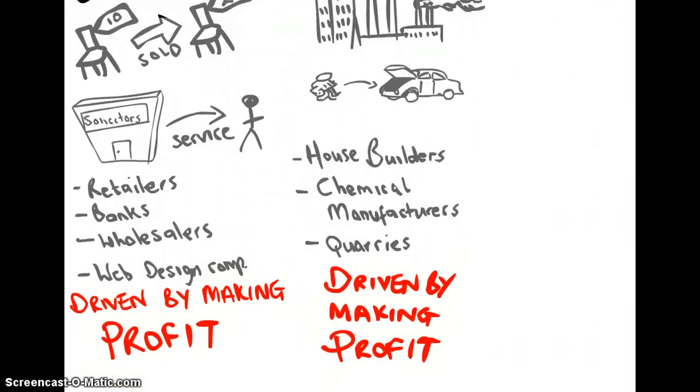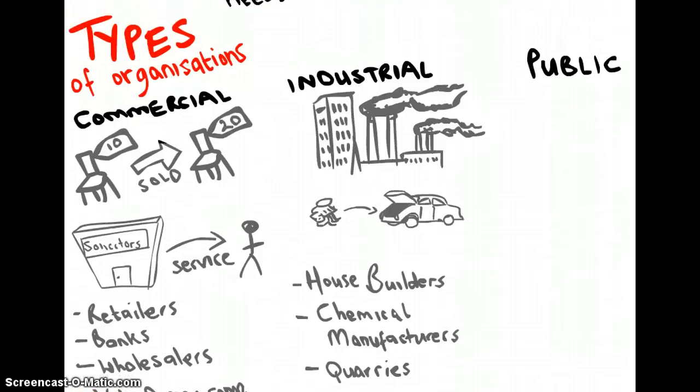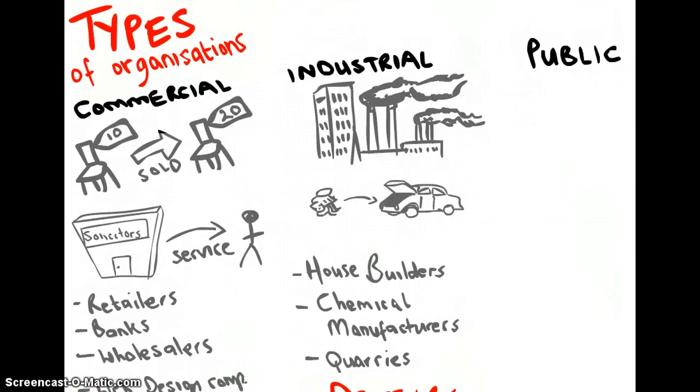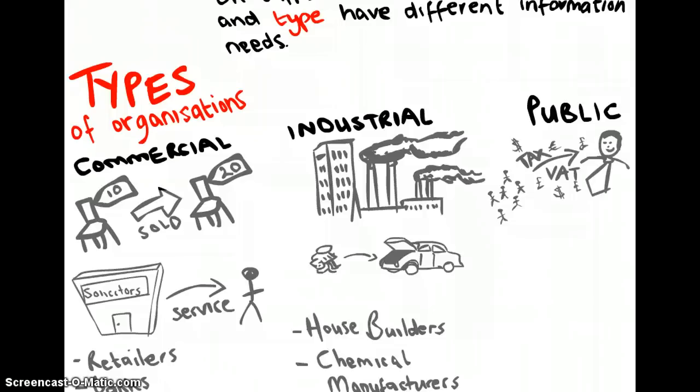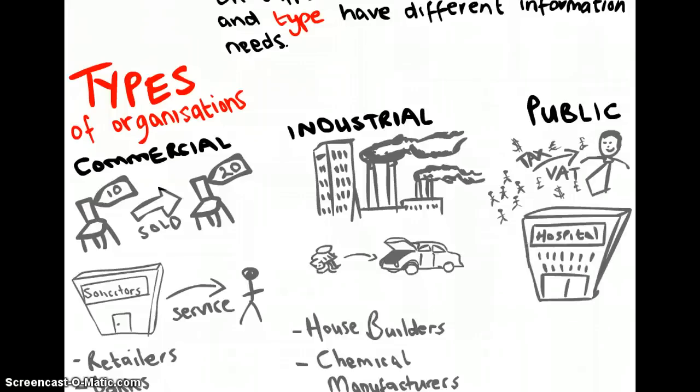We then have public service organisations, another type of organisation. The main aim of a public service organisation is to provide the public with goods and services from a public fund. So for example, the public pay tax and VAT, it goes to the government, and the government will invest those funds into hospitals.